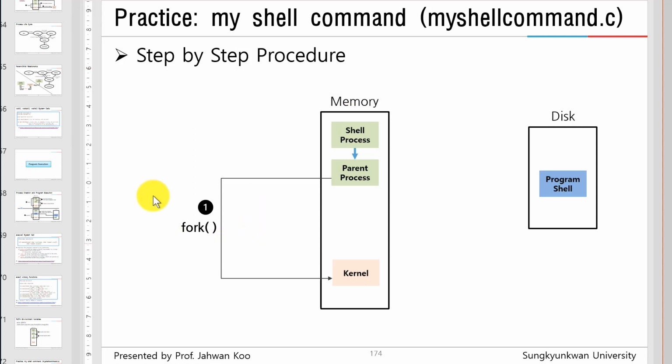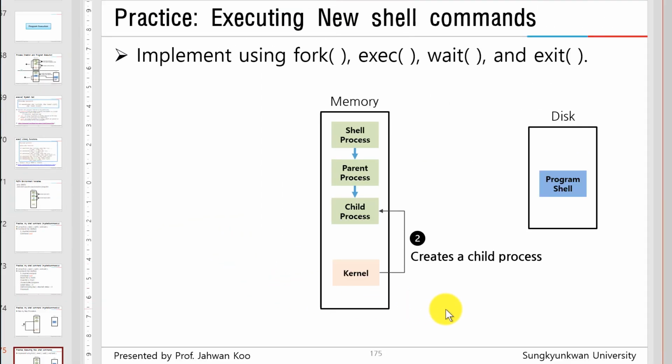Step 1. Fork system call. A parent process wants to make a new child process. So the parent process requests the kernel to make a new child process using the fork system call. Step 2.